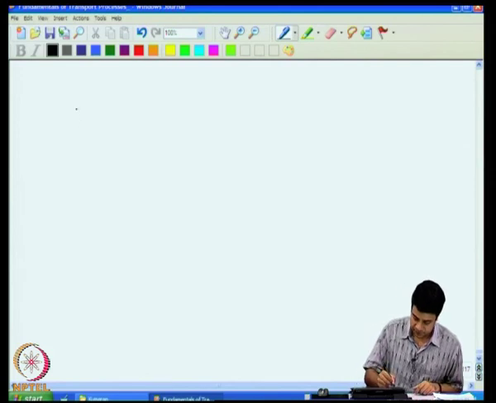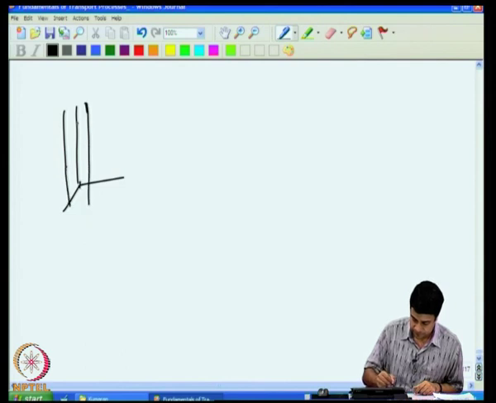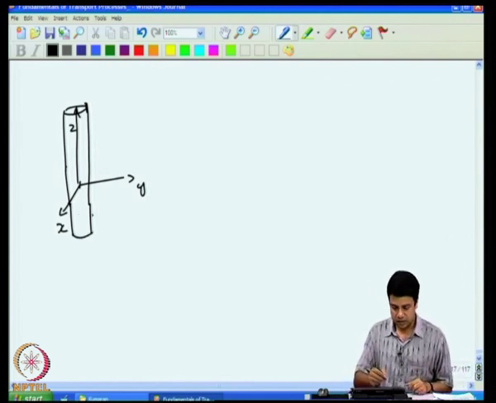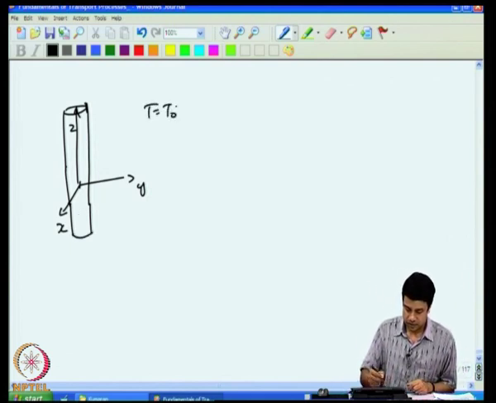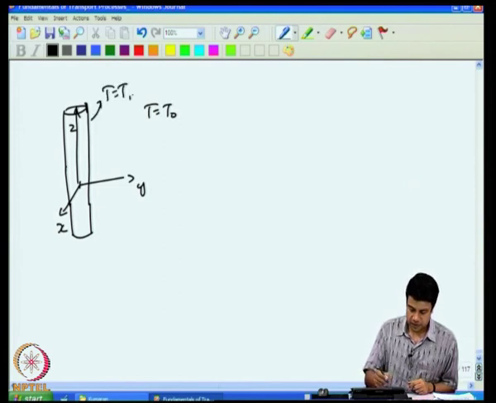The fluid is at t is equal to t naught far away, and it is equal to t 1 at the surface.